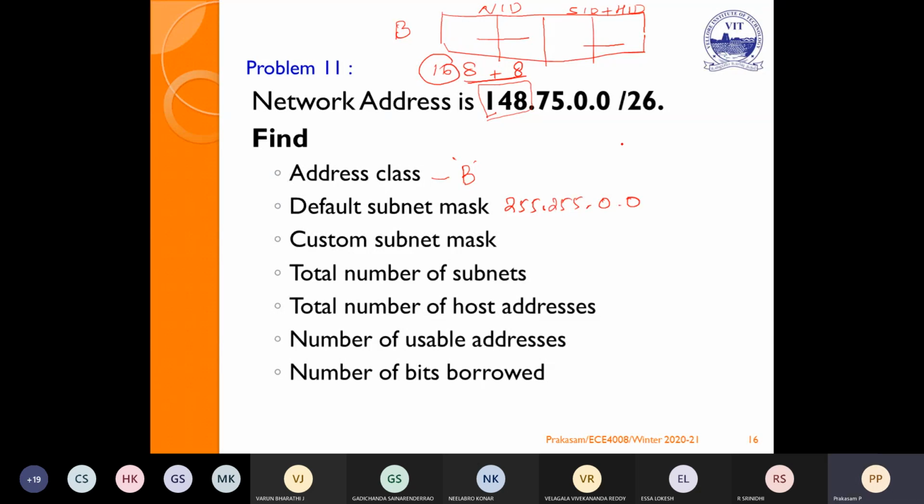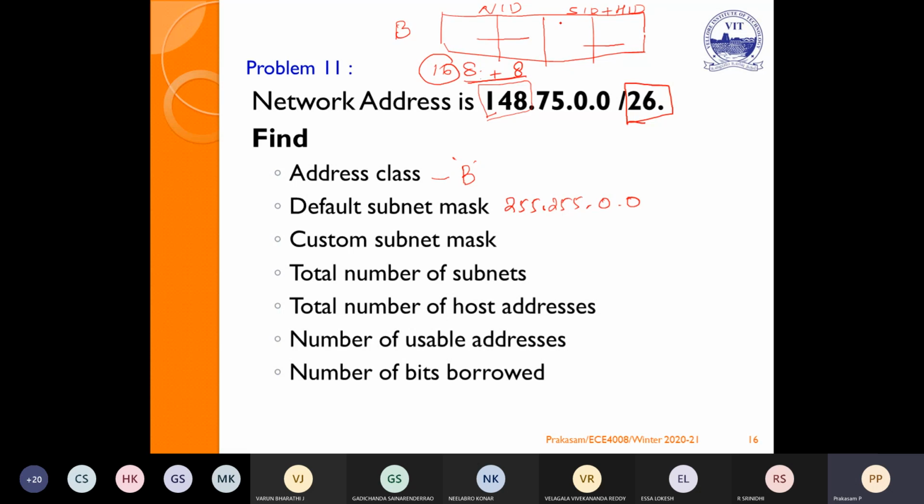The custom subnet mask, you should look here. This /26 indicates the number of mask bits. In class B it is 8 plus 8, 16, but here it is /26.